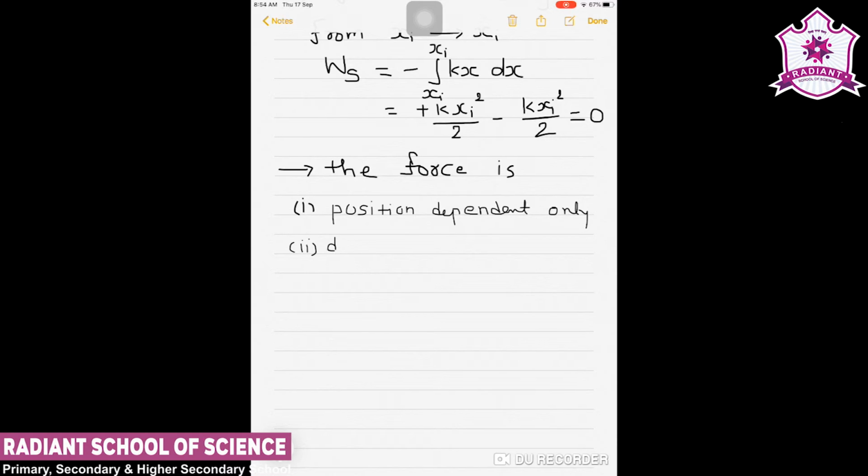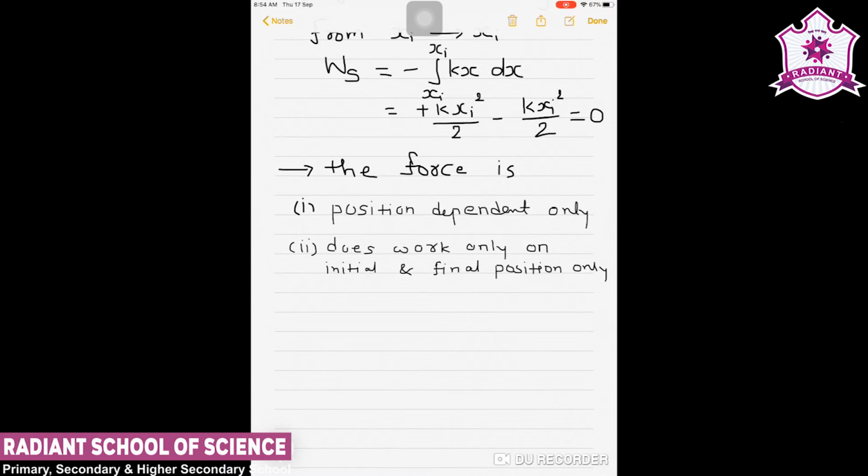So this force does work only on initial and final position only, that means on the end points.